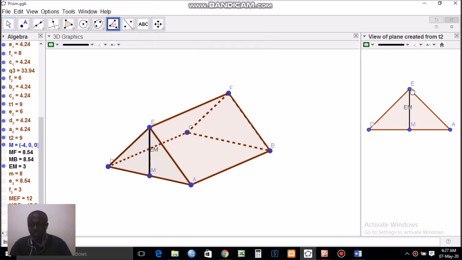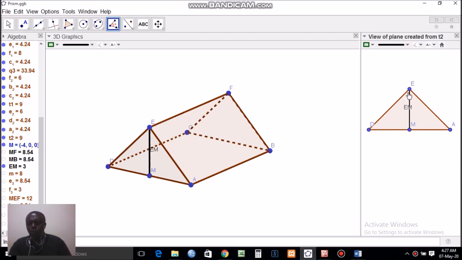The angle is angle EDA, which is the angle between ED and AD.